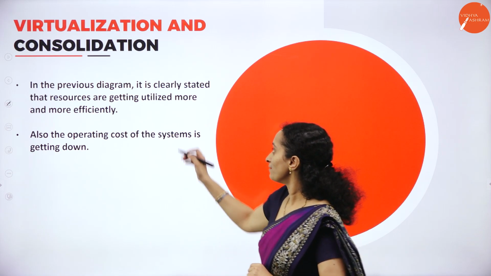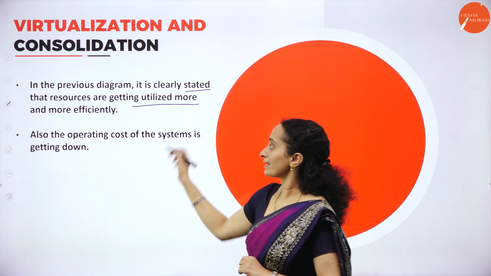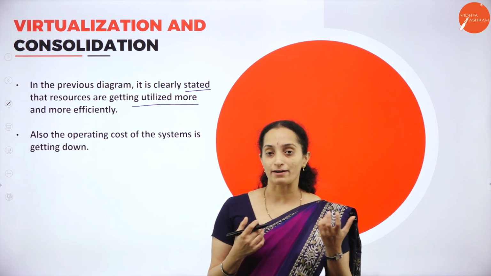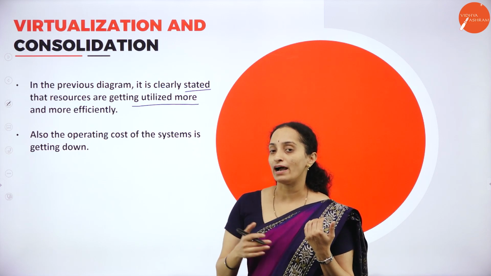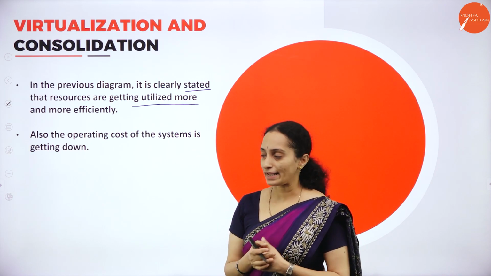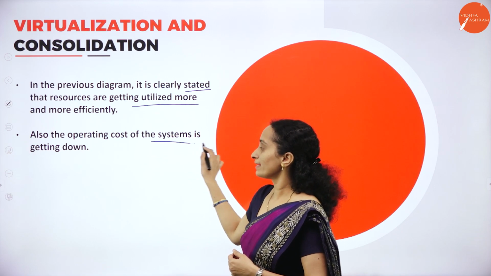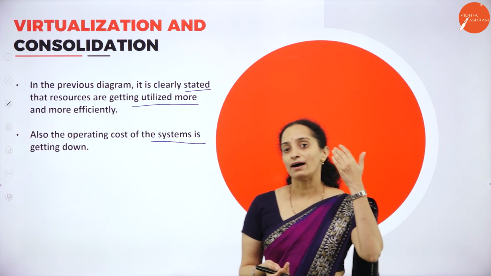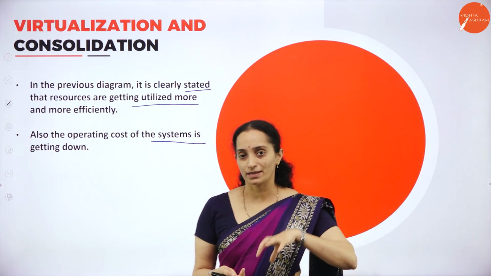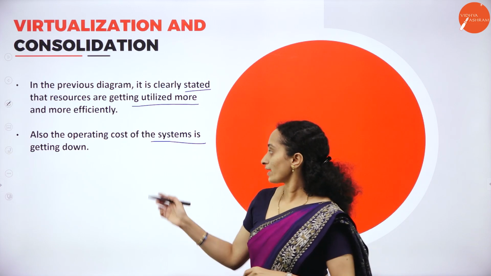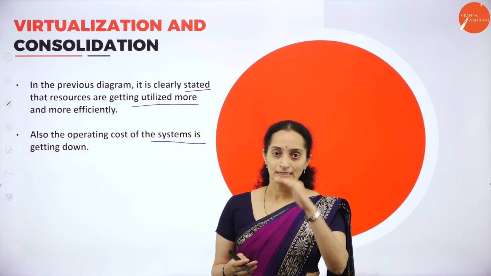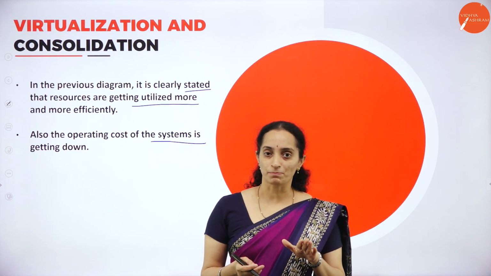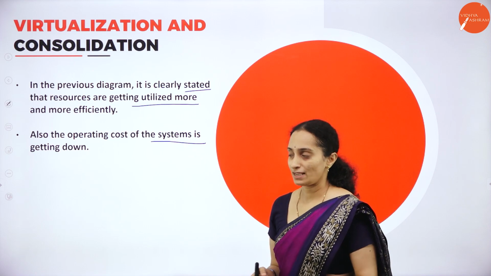The diagram states that we are using the services and the platform more efficiently with dynamic infrastructure or dynamic service. It also indicates that with dynamic infrastructure or dynamic services, the operating cost is decreased compared to a static kind of service. For that purpose also you need the dynamic infrastructure.